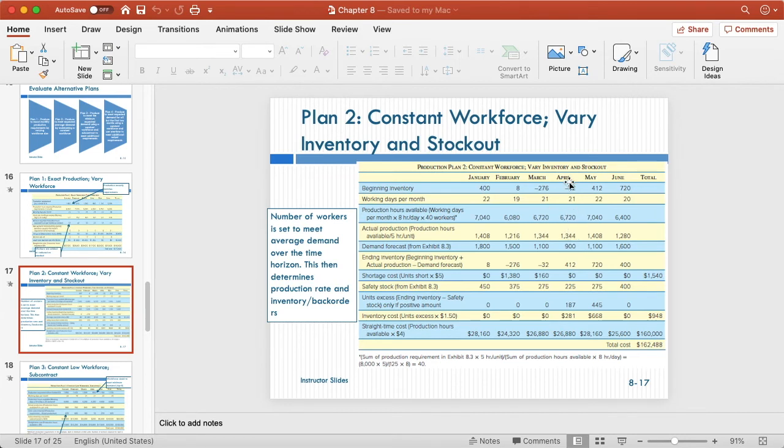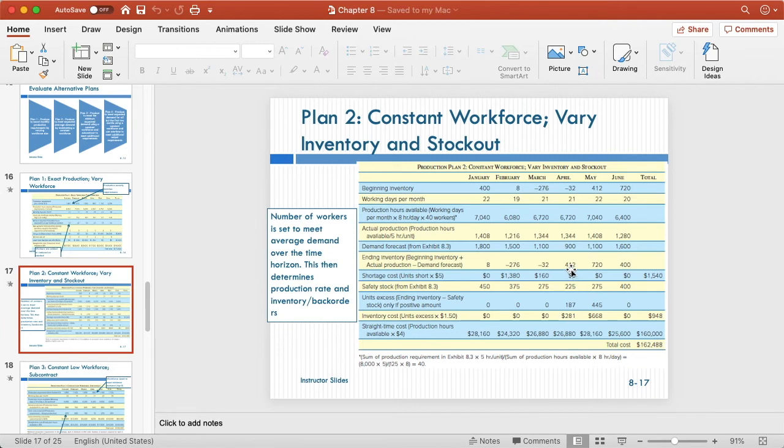So here at the beginning, you owe 32 products for March. In this month, you produce another 1,344, so you compensate that. And the demand forecast is only 900. Thus, you have an additional 412 in inventory. So you don't have the backorder situation.